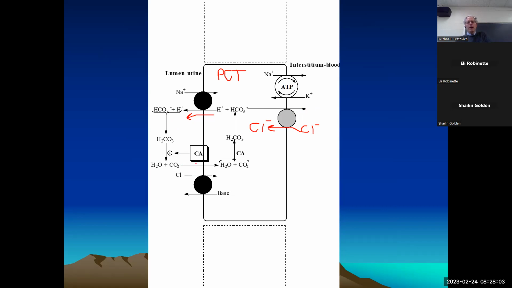And this works because these two carbonic anhydrase isozymes work in tandem both outside and inside the cell to be able to convert carbonic acid into something that can easily traverse the cell, then to convert it into a charged moiety that cannot leave the cell, but can then be recaptured very effectively back into the bloodstream.